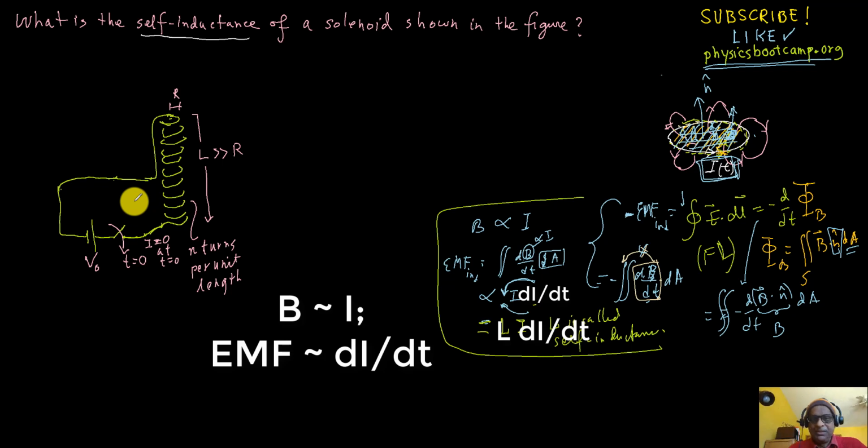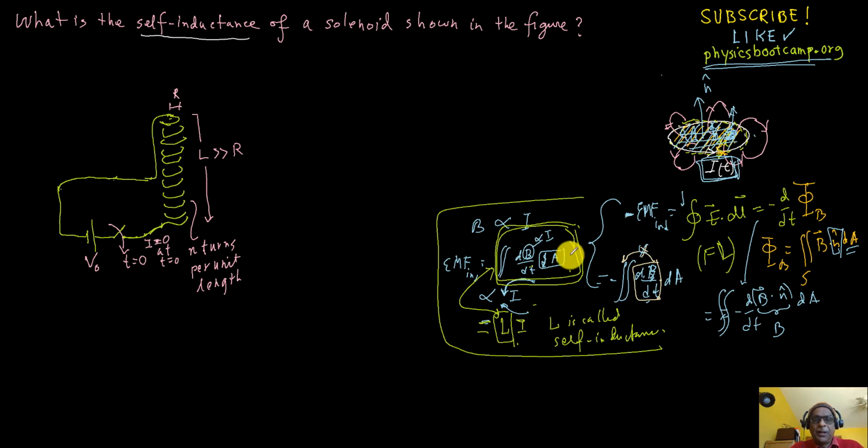Basically, if I can work out this formula and compare it with this, I would be able to read off L. There are not that many examples where you can really work out this integral, and this is one of those cases where you can work it out reasonably well, although it depends on ignoring some of the things. So try to do it. Another example is an example like this.